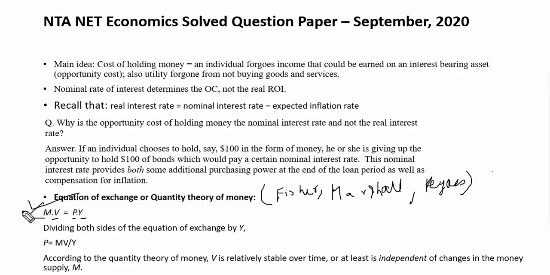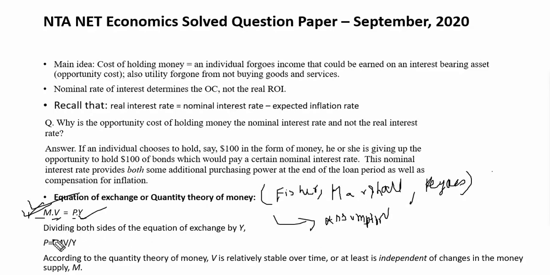This idea is very important, and there are certain assumptions you will have to go through to understand the quantity theory of money. The assumptions are that V, the velocity, is constant, that money has no effect on real variables like the real wage rate, and that Y is completely determined by the fixed stock of labor, capital, and technology.